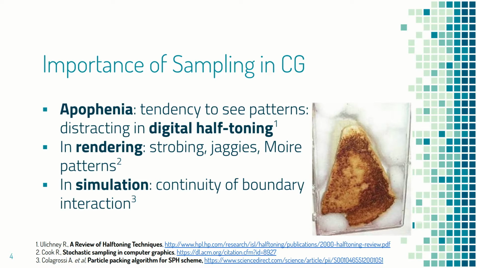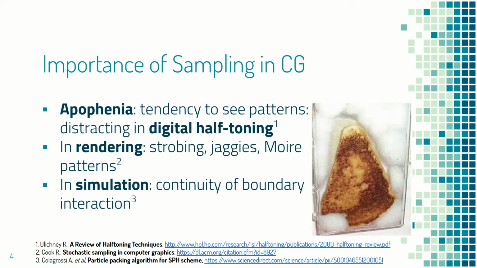In rendering, however, sampling is super important when it comes to things like strobing, jaggies, and moiré patterns, which commonly occur when your sampling is not chosen correctly, or when you use regular patterns for choosing your samples.